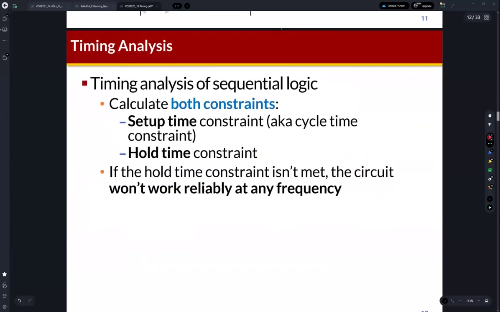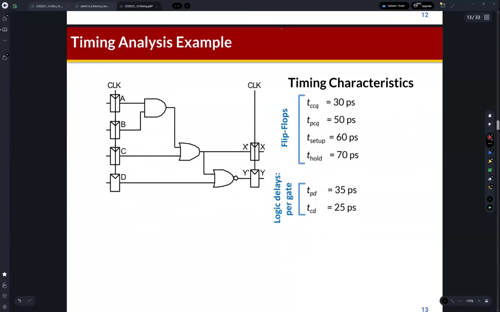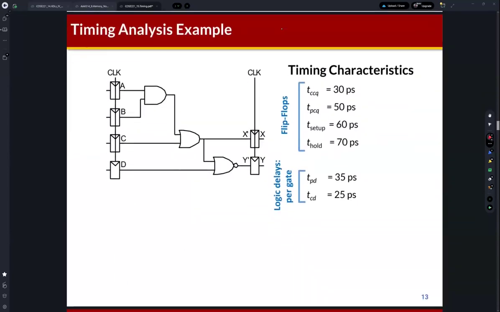So this is the example. These constraints are very important, as I mentioned. You can find many D flip-flops here, and then also here and here, and another D flip-flop here. This is some input point.